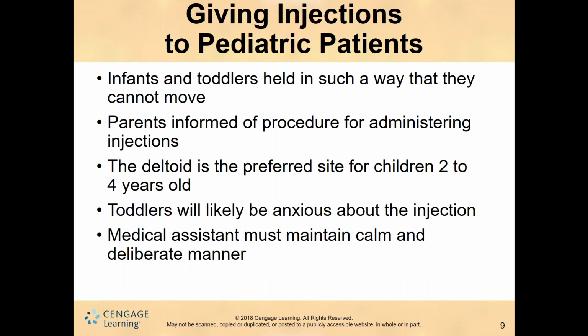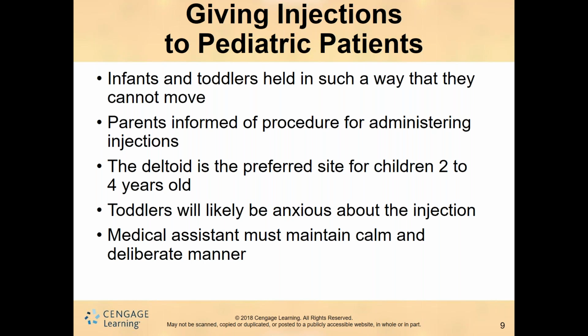So you need to be able to hold infants and toddlers in a way so that they can't move around. You need to make sure the parent understands how you're going to administer the injections so they don't freak out on you. The deltoid is the preferred site for children 2 to 4 years old.